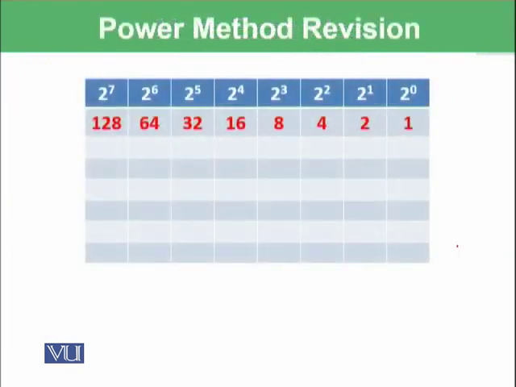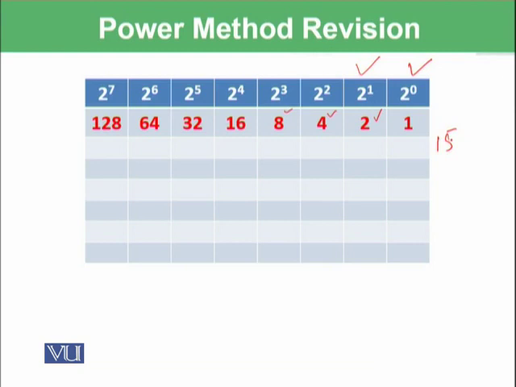There is another method known as the power method, which you learned at the start of the course. We are going to revise this power method with a number of examples. For example, you want to display 15. The easiest method, without dividing each and every number, is to see that the positions represent 2 raised to power 0, which is 1, 2 raised to power 1, which is 2, 2 raised to power 2, which is 4, then 8, 16, 32, and so on.